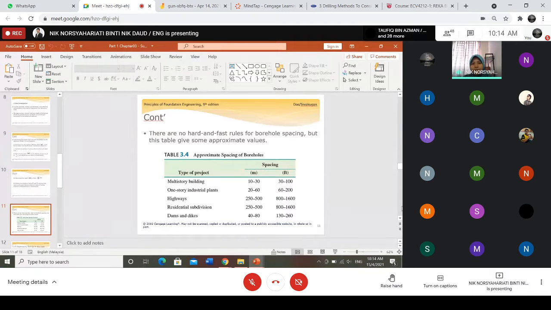So if you refer to table 3.4, let's say you want to design or to construct a multi-story building. So the spacing of the boreholes, these are future boreholes, might be 10 to 30 meters each.